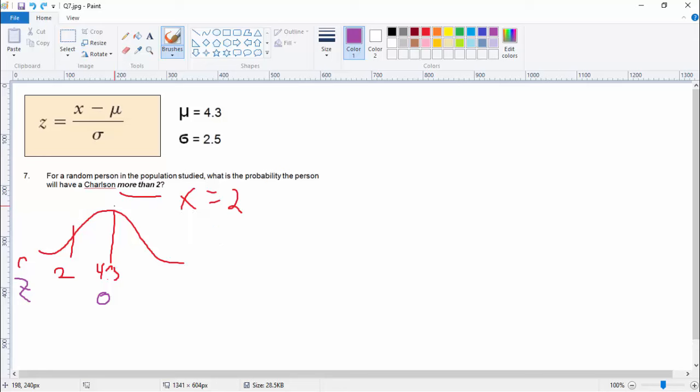Now, if instead I misread the question and it said less than 2, I'd be looking for baby fish. Look at that, it's so cute. It's smaller than 50%, okay? But that's why I'm going through this whole thing where we're drawing this stupid picture, because if I don't do this, later in the equation I get all screwed up and I get the wrong answer. So we have to draw the picture because of my limitation.